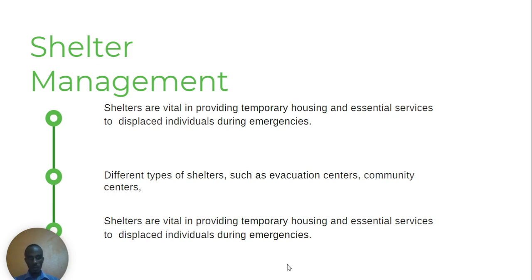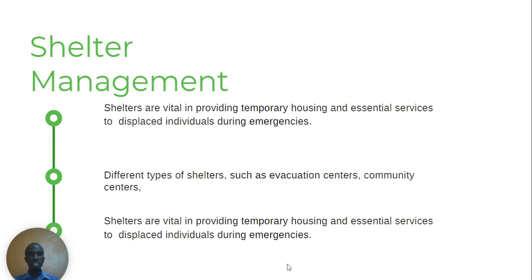Then another crucial area that we need to interest ourselves in is shelter management in disasters or emergencies. Shelters are vital in providing temporary housing and essential services to displaced individuals during emergencies, and they include evacuation centers, all those centers that are already in place to cater for emergencies or to offer shelter or housing to people in case they face emergencies.